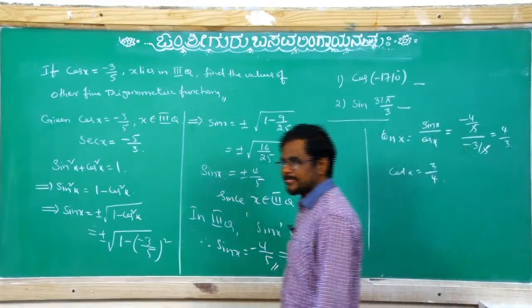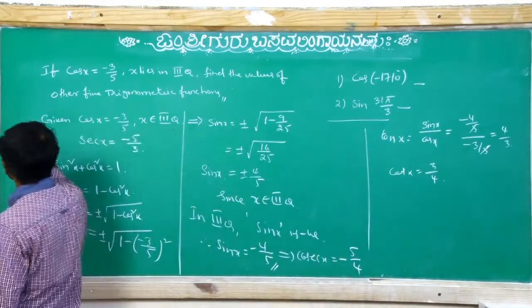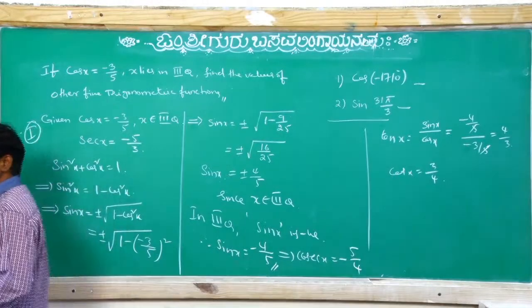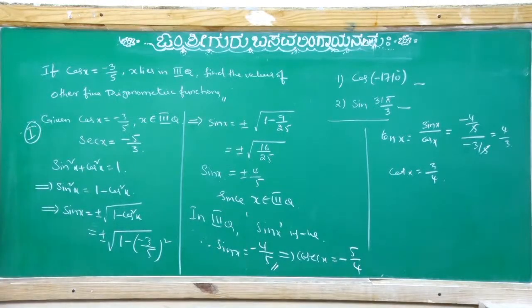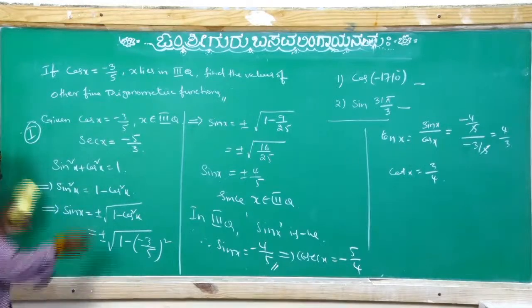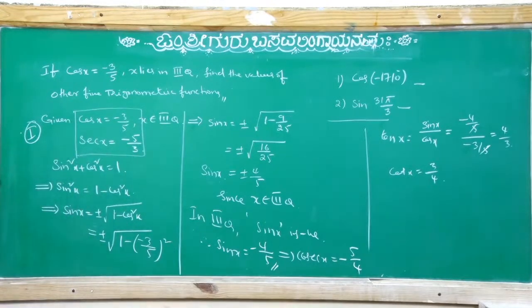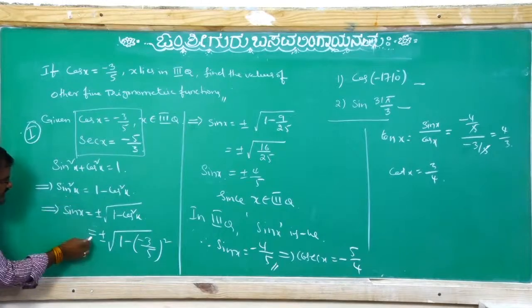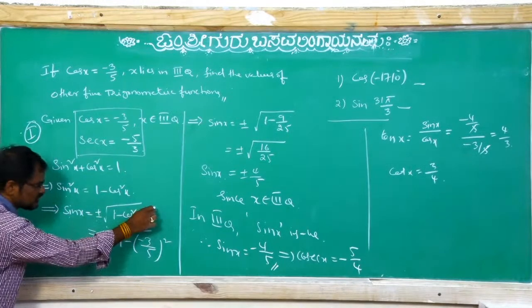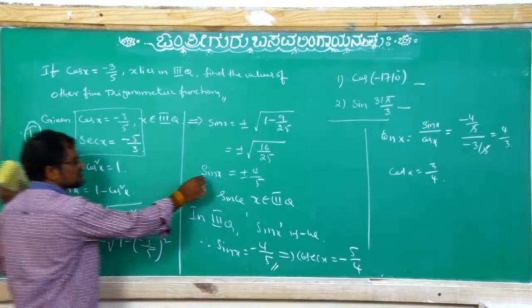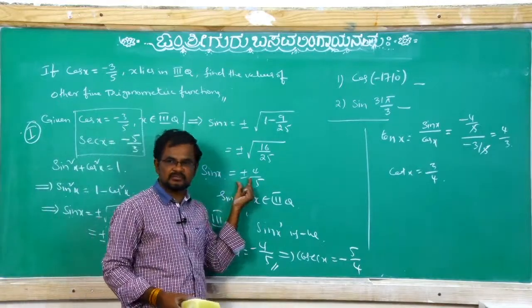Once you see, this is the first method. So cos x given, the reciprocal of this one, if you take, secant x you will get. Now here 2 completed. For finding the sin x, I took this formula, sin x equals plus or minus root of 1 minus cos square x. Now here one ambiguity is there, plus or minus.